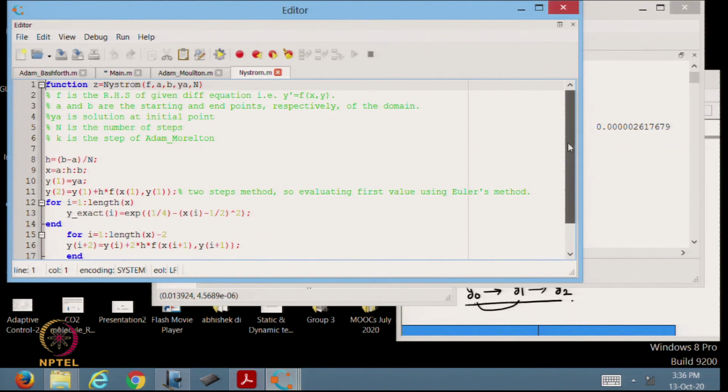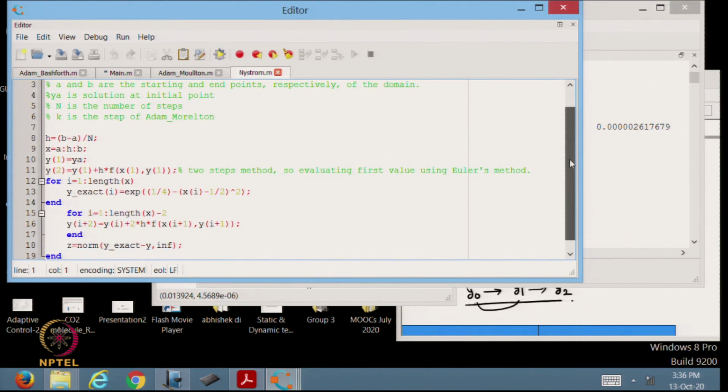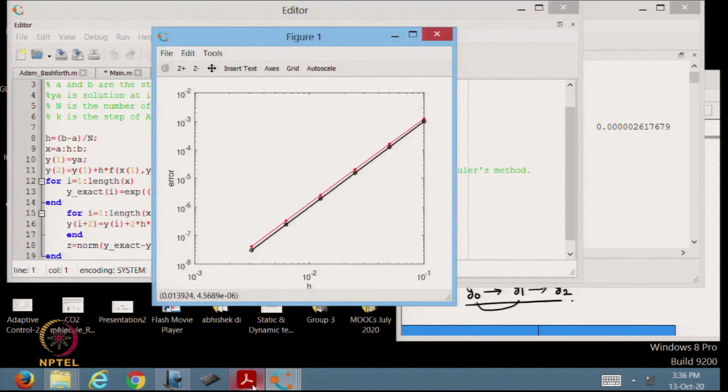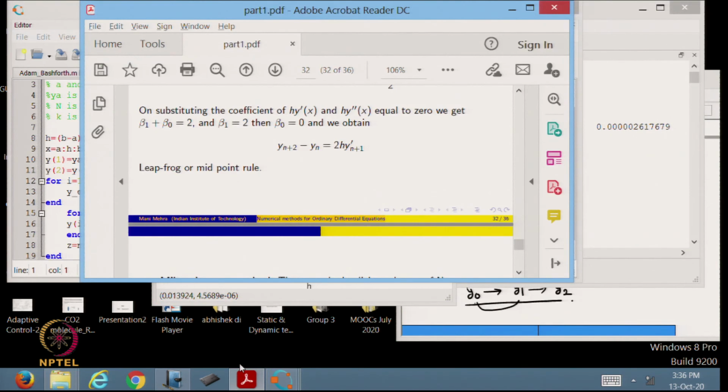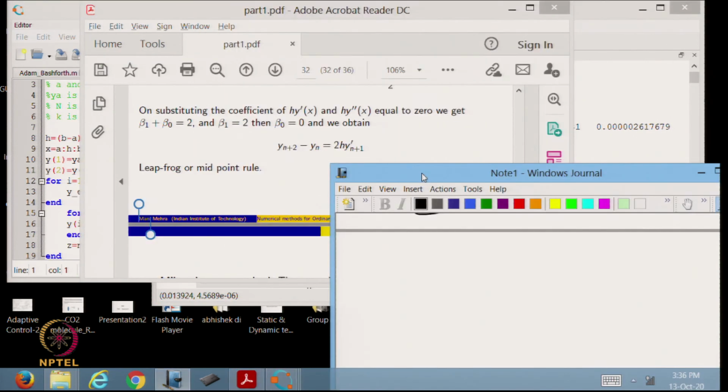Okay. So, again you can see the algorithm which we have implemented is y i plus 2 minus y i is equal to 2h y i plus 1 dash. Again, this is a two-step method.